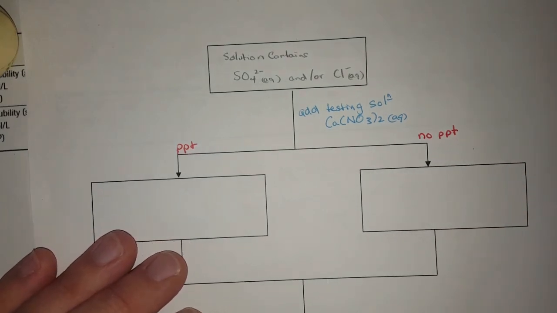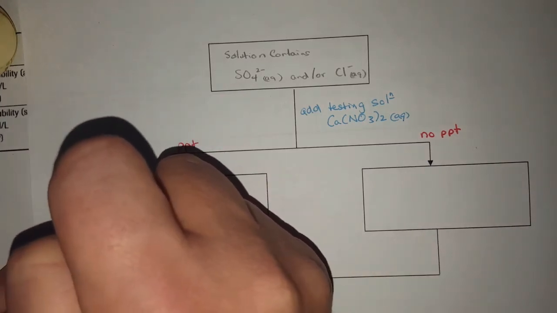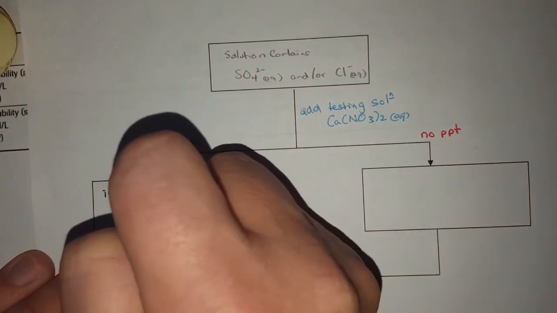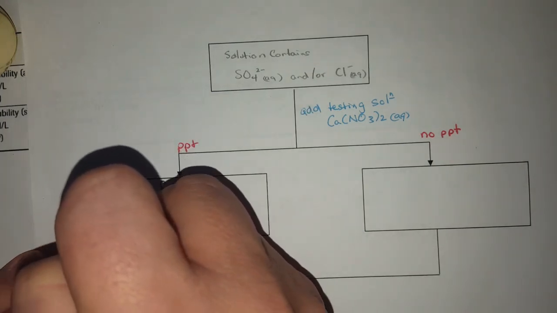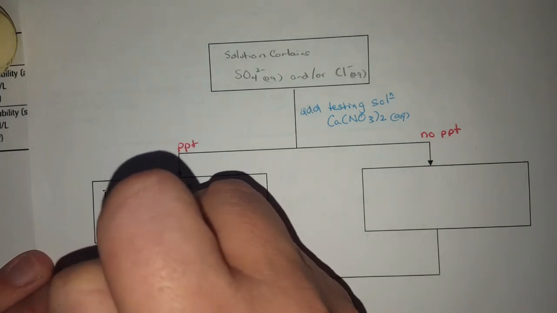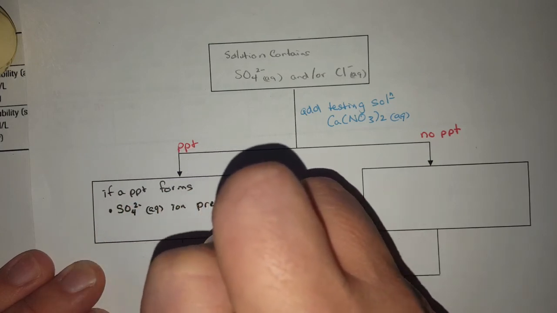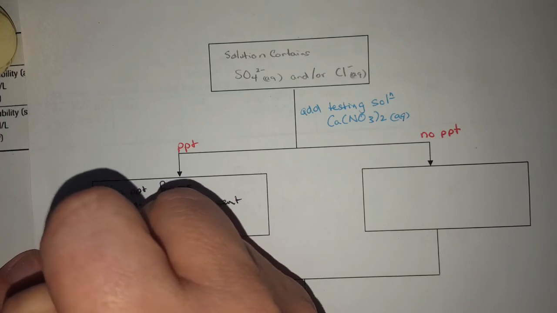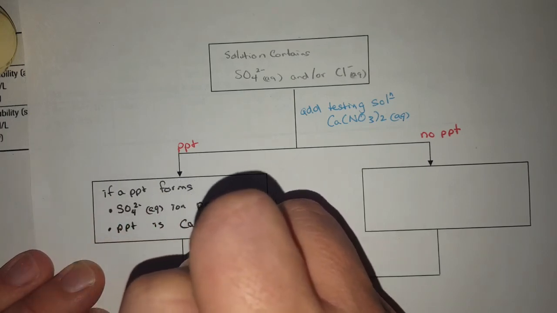Okay. And what we can say is, if a precipitate forms, my sulfate ion is present, and the precipitate is our calcium sulfate.